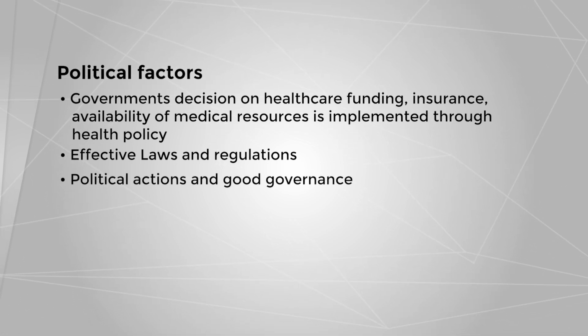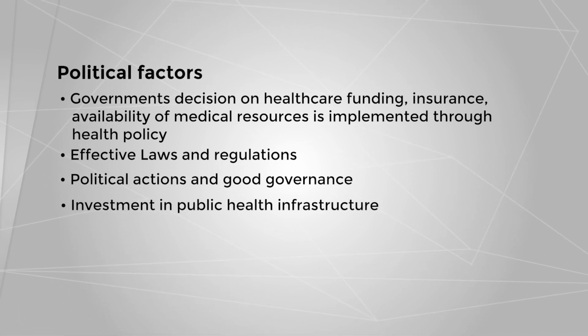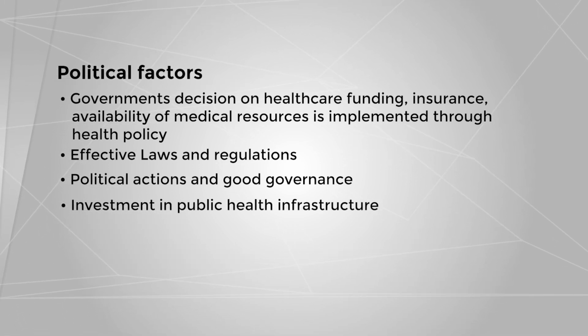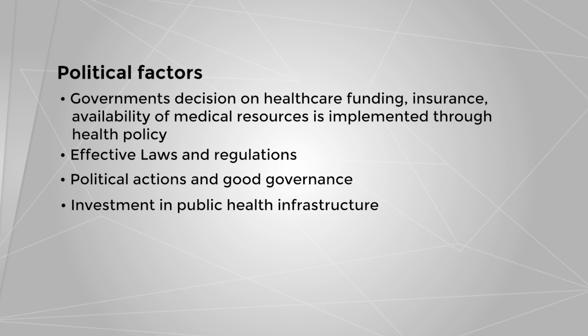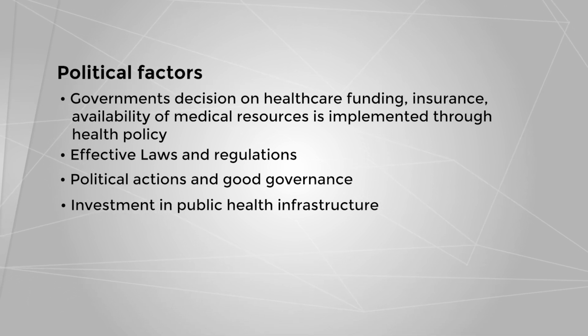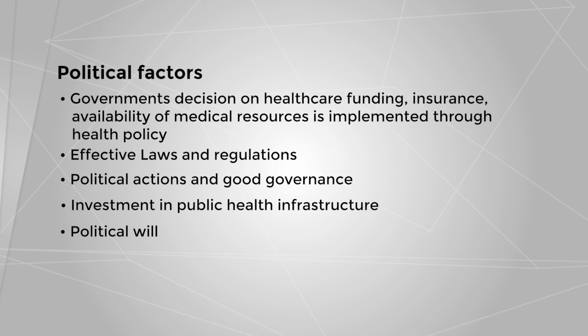Political actions and good governance affect employment, housing, education, infrastructure, as well as health policies. Investment in public health infrastructure, including research, hospitals, and emergency preparedness, is crucial for responding to health crises. Over and above, there is no substitute for political will to change for better.